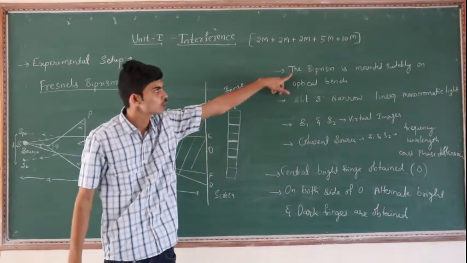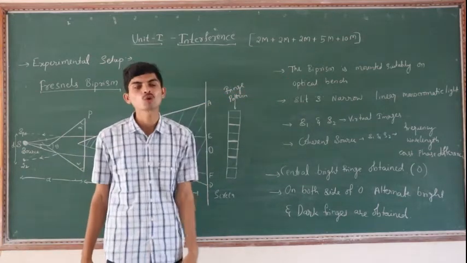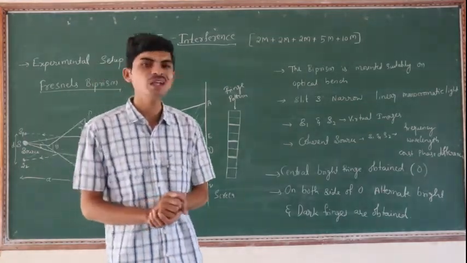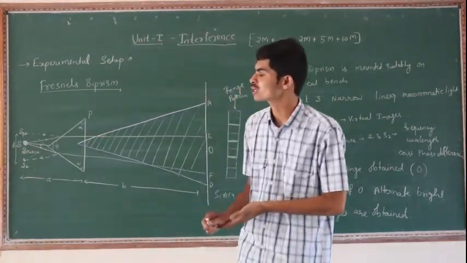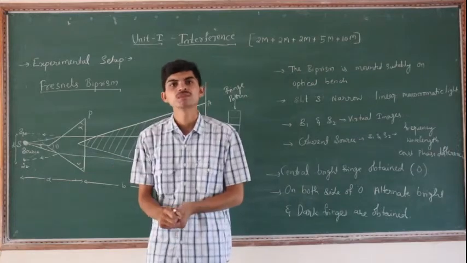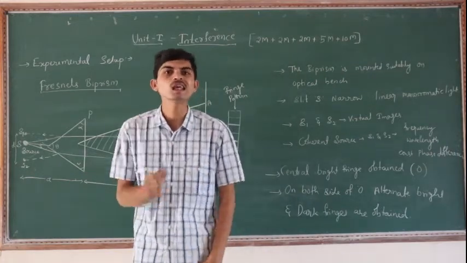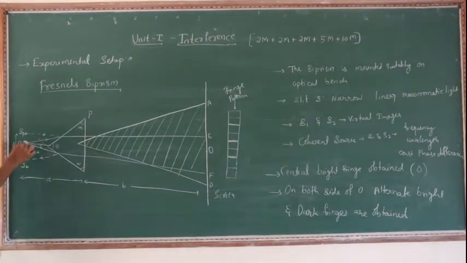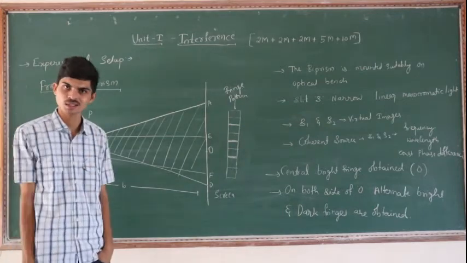Here I wrote: the biprism is mounted suitably on the optical bench. Once that is over, the next thing is to consider one source. This source is a linear monochromatic light. Remember, that source must be monochromatic light.